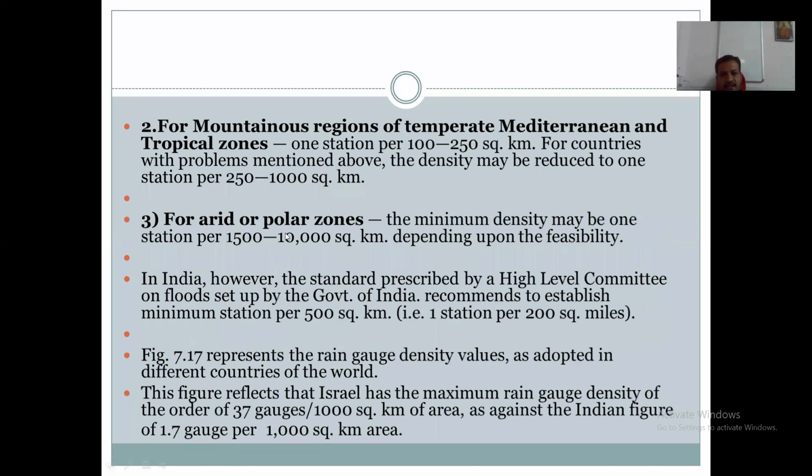For arid or polar zones, one station per 1500 to 10,000 square kilometer area. So depending upon the catchment area, the rain gauge network is designed. Minimum rain gauge density is required.